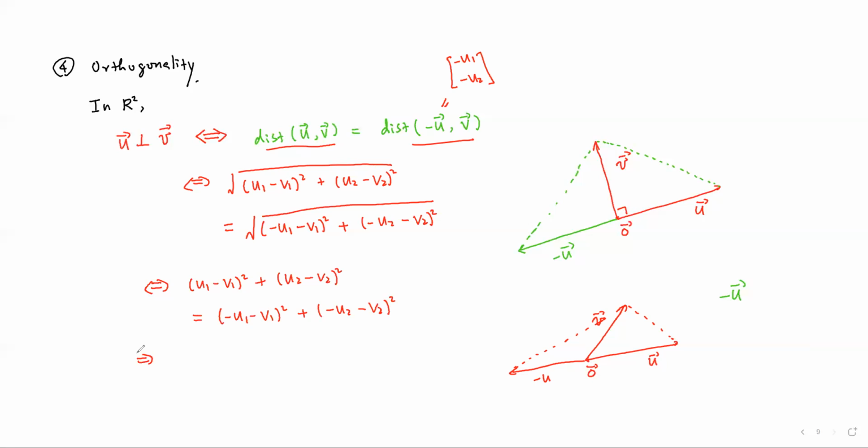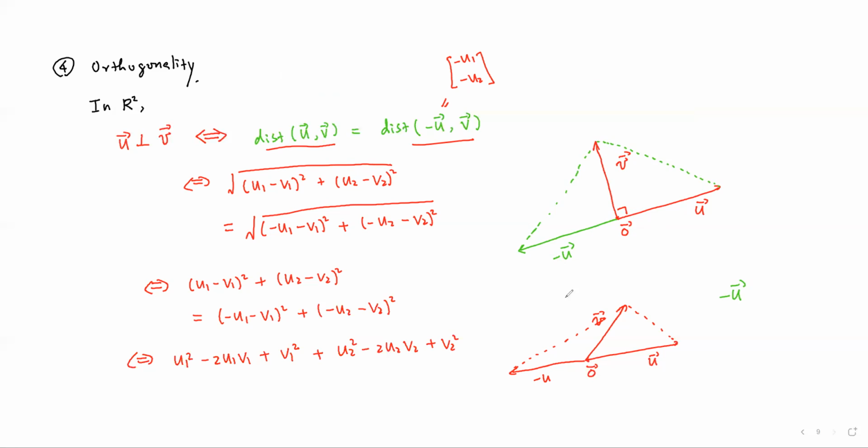Let me expand the squares. The left side is u1 squared minus 2 u1 v1 plus v1 squared, plus u2 squared minus 2 u2 v2 plus v2 squared.